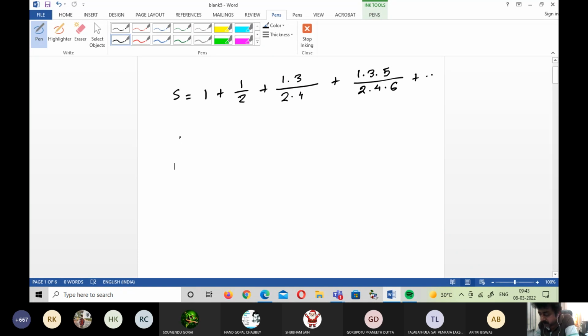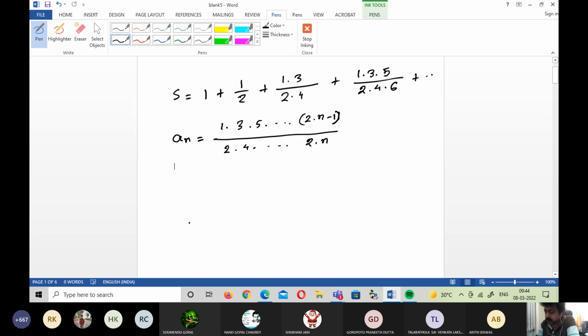So you can easily write the value of an is equal to 1 into 3 into 5 up to 2n minus 1. Similarly, at the denominator, you just write 2 into 4 into up to 2n.